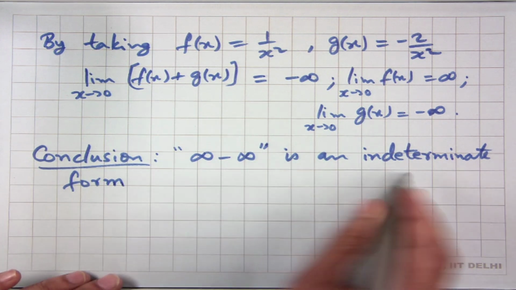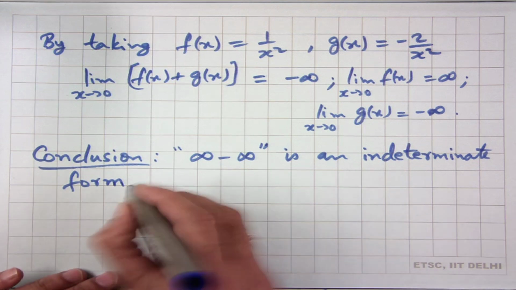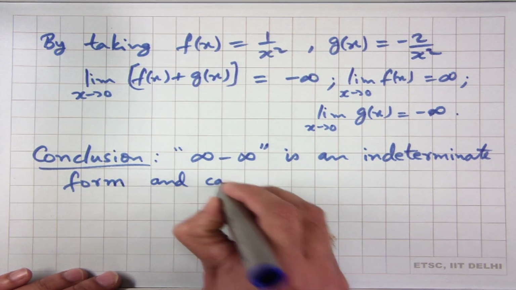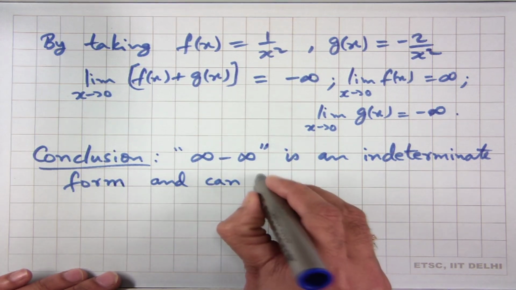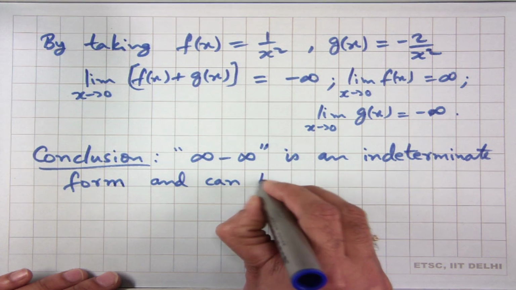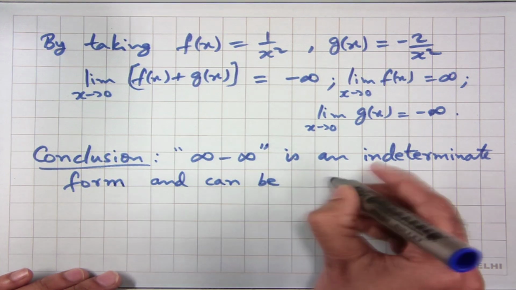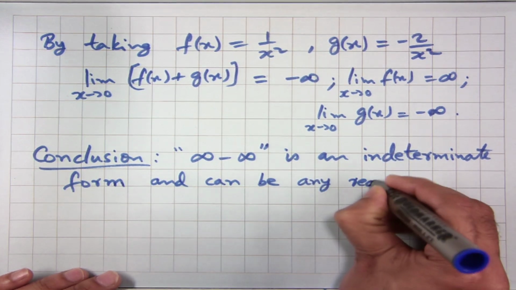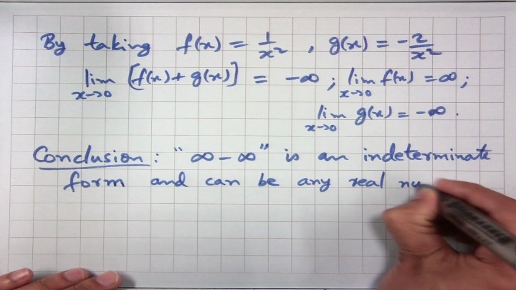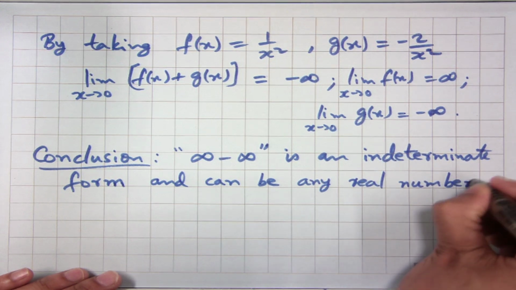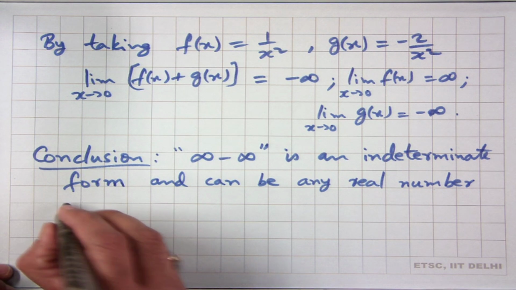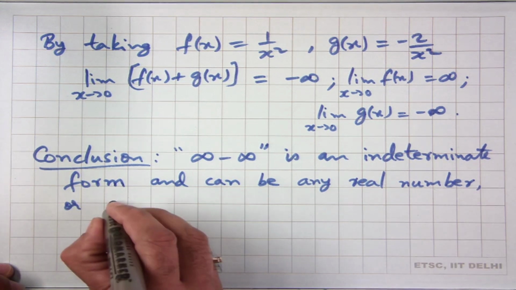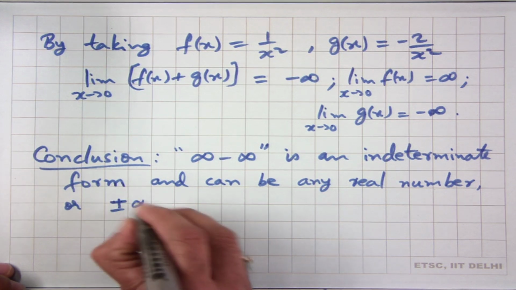It is an indeterminate form and can be any real number or plus or minus infinity.